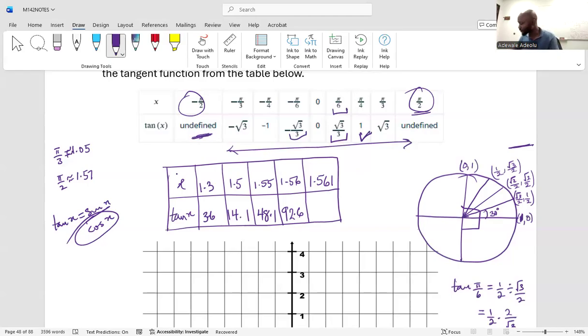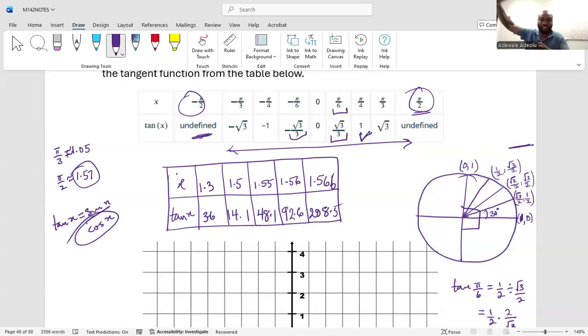Let me do tangent of 1.566. That is like 208.5.